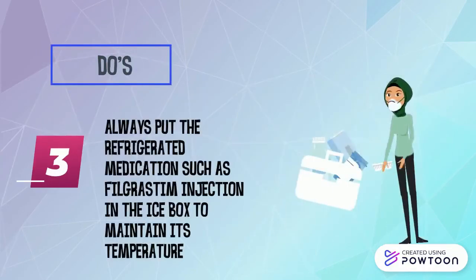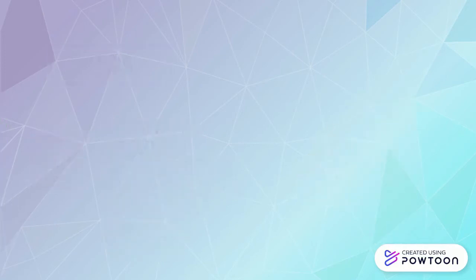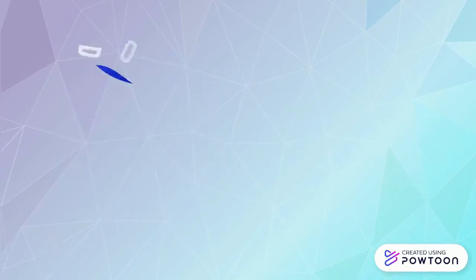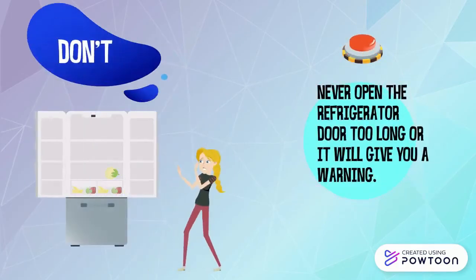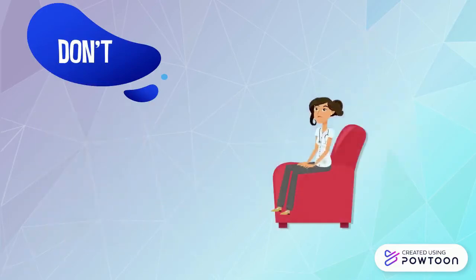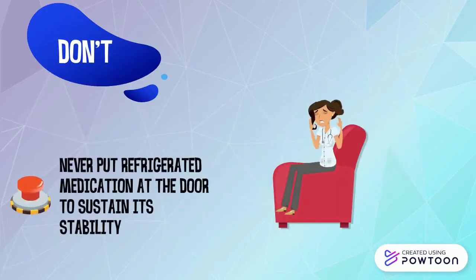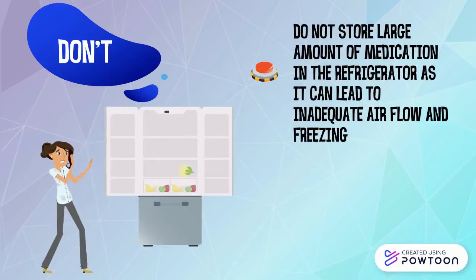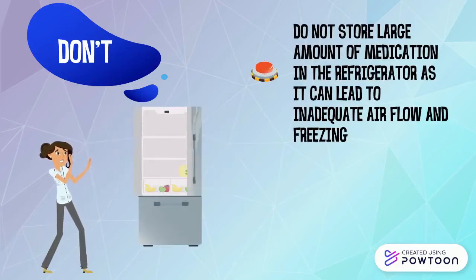Third, always put the refrigerated medication such as filgrastim injection in the ice box to maintain its temperature. For don'ts, first, never open the refrigerator door too long or it will give you a warning. Second, never put refrigerated medication at the door to sustain its stability. And third, do not store a large amount of medication in the refrigerator as it can lead to inadequate airflow and freezing.